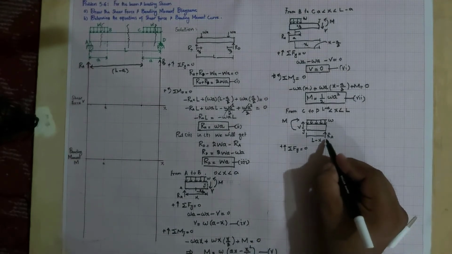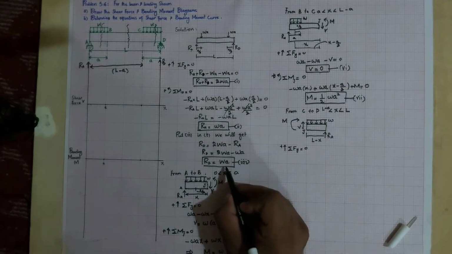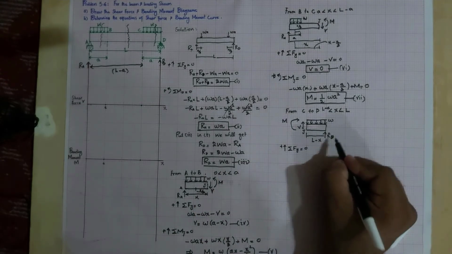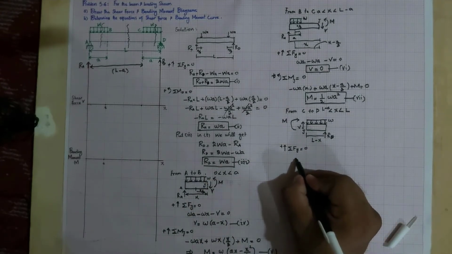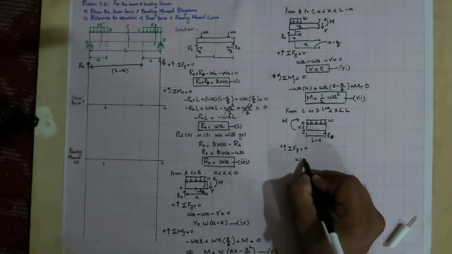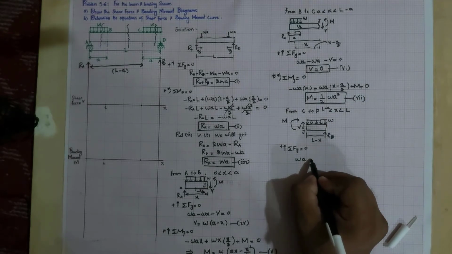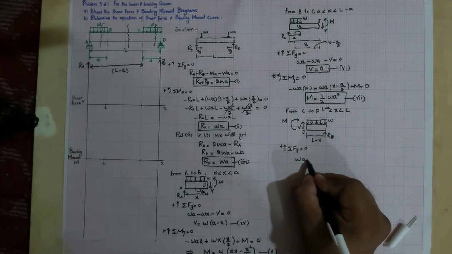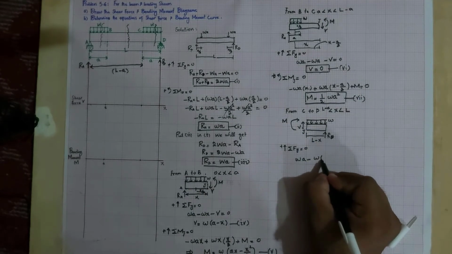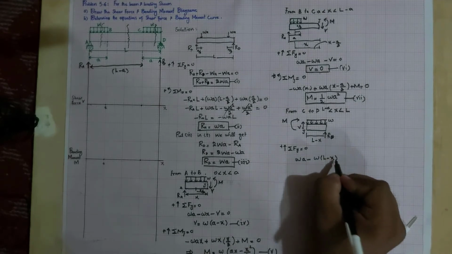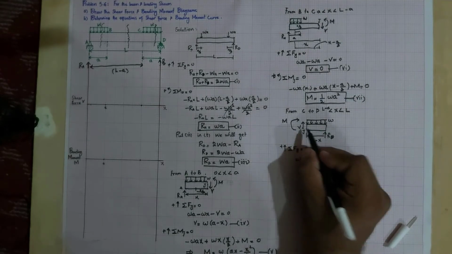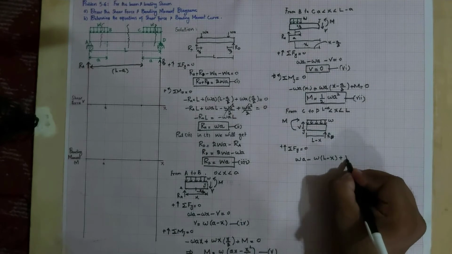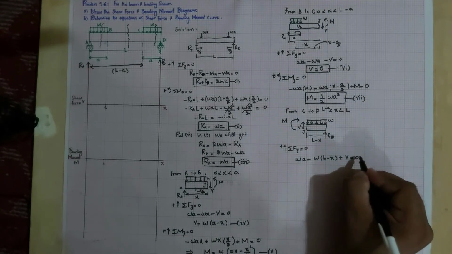So you can see there are forces RA, which is equal to RD, which is equal to WA. So WA, and there is a force downward which is equal to minus W into L minus X, acting downward, and there is a shear force V equal to 0.